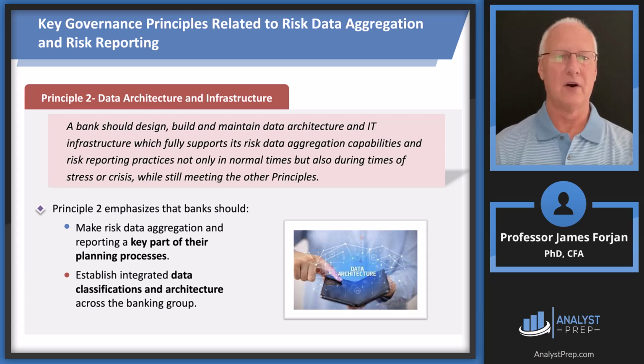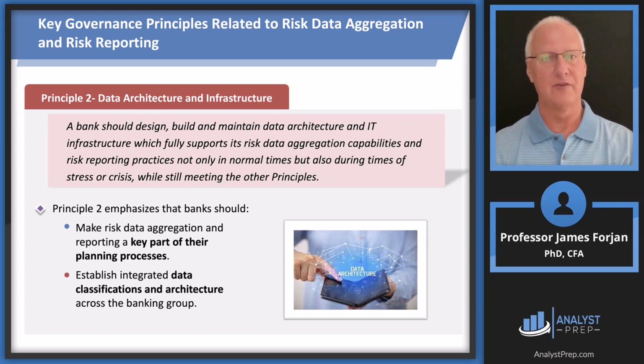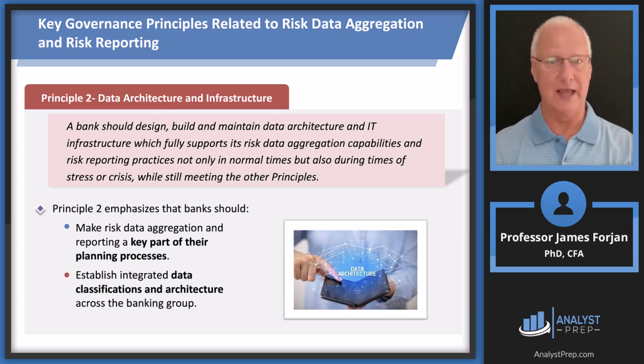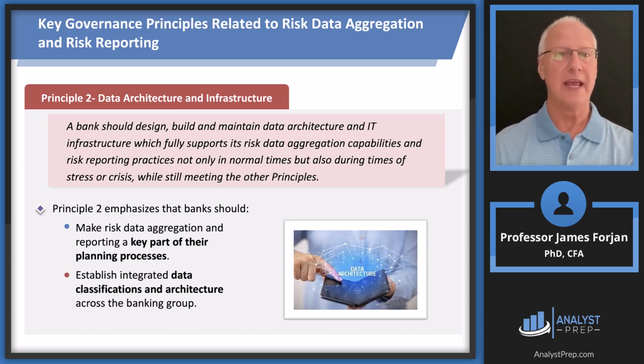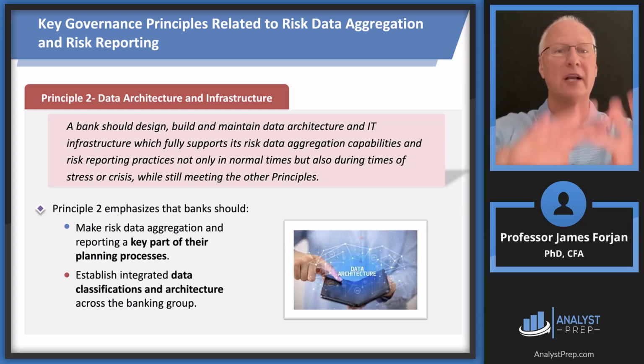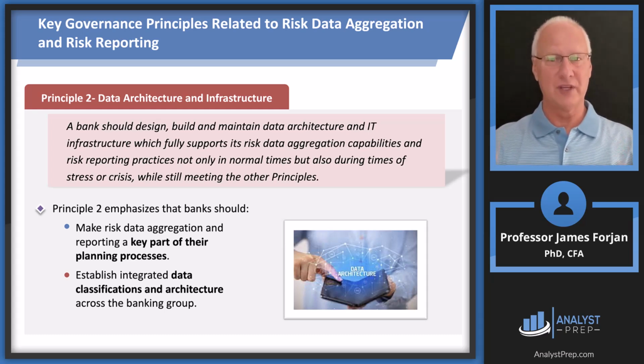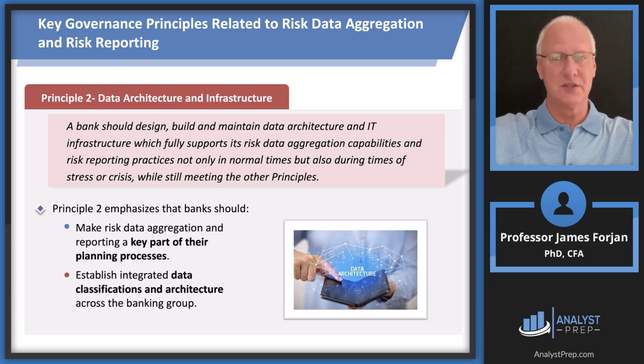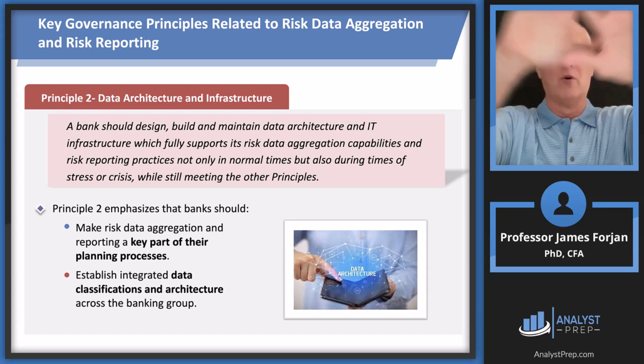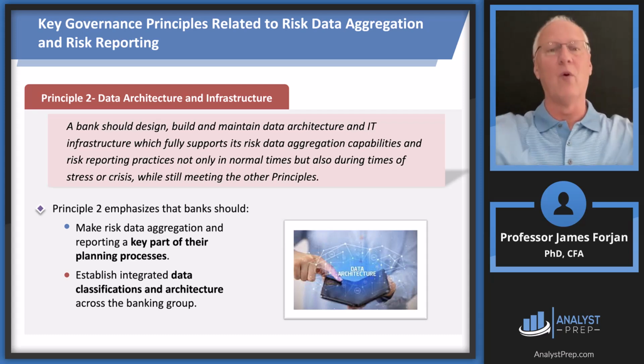Think of data architecture and data infrastructure as those 6,000 boxes, as if they could be architecturally, is that a word, formed. So instead of 6,000 boxes that are sitting there independent of each other, you've got boxes that are open, and you have data flowing out that forms something along, let's just call it a wall.